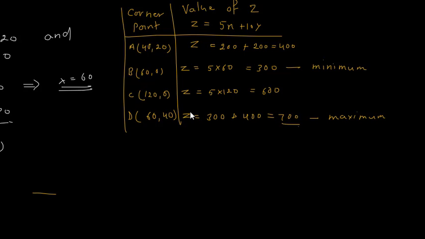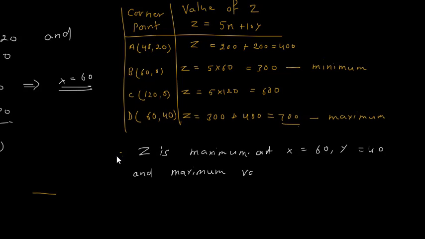So I will say that therefore Z is maximum at x is equals to 60, y is equals to 40, and maximum value of Z is 700.